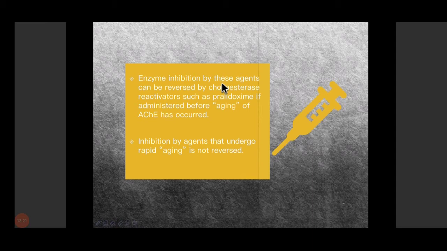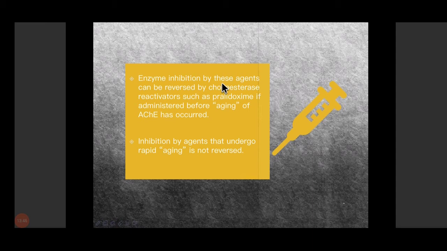I hope you can understand this phenomenon, that science has developed some cholinesterase reactivators because poisoning can happen by organophosphorus compounds. Reactivators will reactivate cholinesterases and the excessive cholinergic transmission, which can cause problems, can be dealt with.